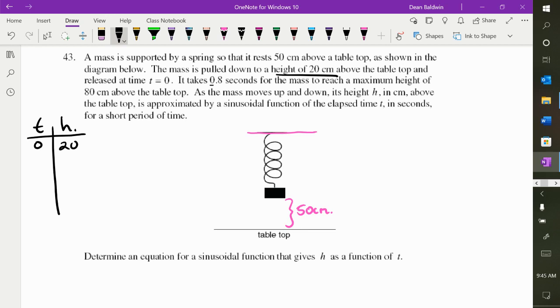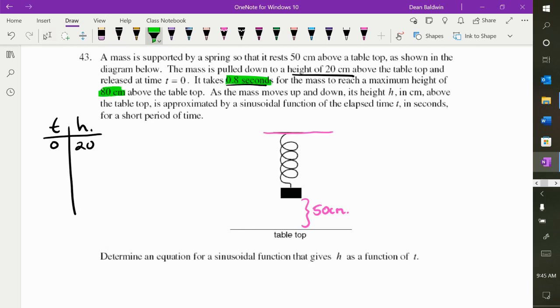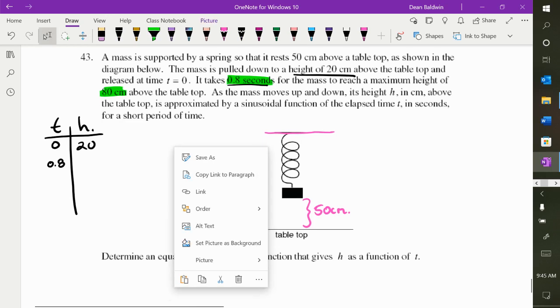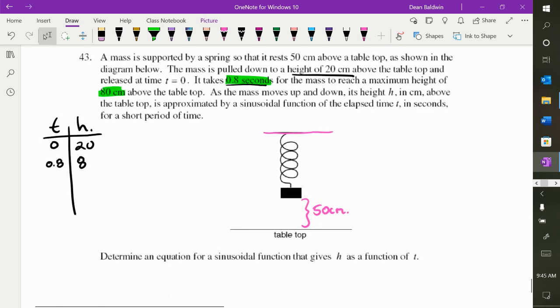It takes 0.8 seconds to reach a maximum height of 80. So at 0.8 seconds, it has a maximum height of 80.